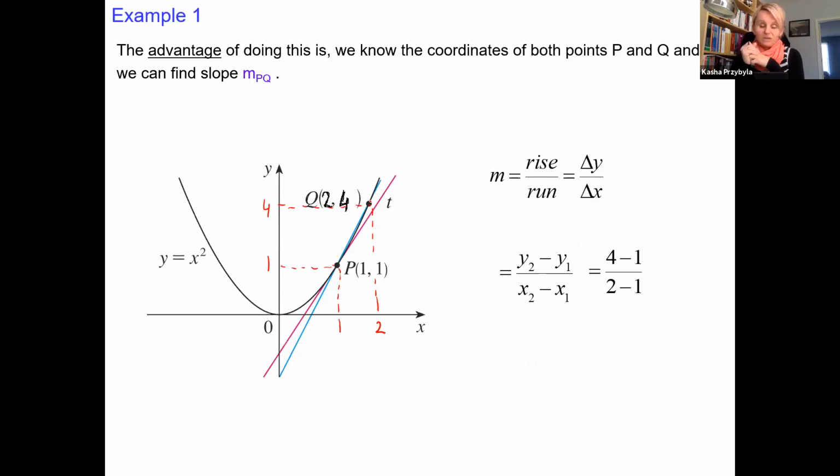Do you think you can compute for me the slope of the blue line? The rise over run. This will be 4 minus 1, over 2 minus 1, which is 1.